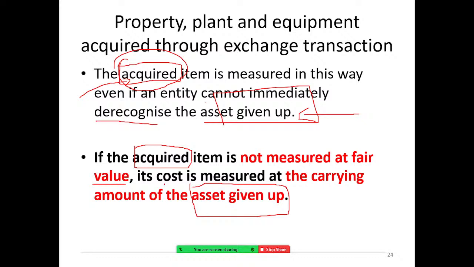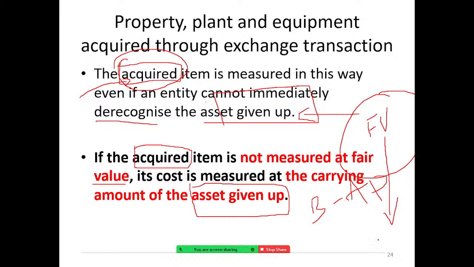In case the fair value of the new item cannot be measured fairly, they have to go for the next option, the carrying amount. Carrying amount means what? Book value minus accumulated depreciation. So first they have to choose the fair value. If there is no reasonably measurable fair value, then they go for the carrying amount of the existing, exchanged asset.